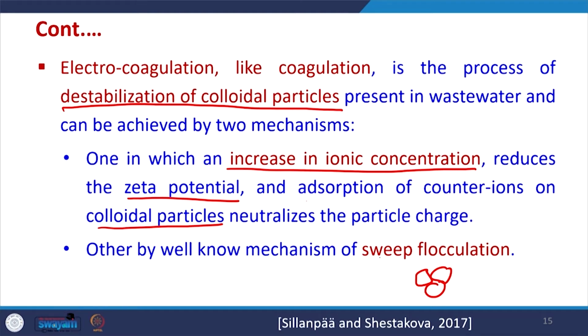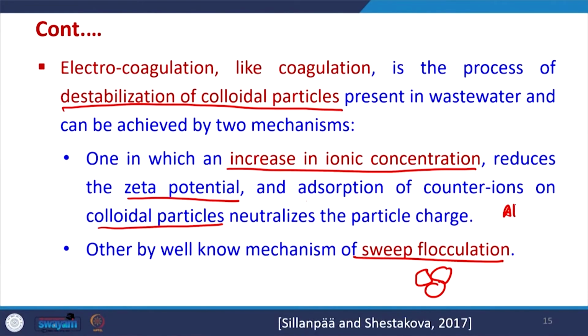Another well known mechanism is sweep flocculation, because if the pH is high and aluminum is getting generated, we will have Al(OH)3. This will have a bigger size, so when it settles down, any smaller organic compounds in its vicinity get trapped inside this floc. Because of that, sweep coagulation or sweep flocculation may happen.